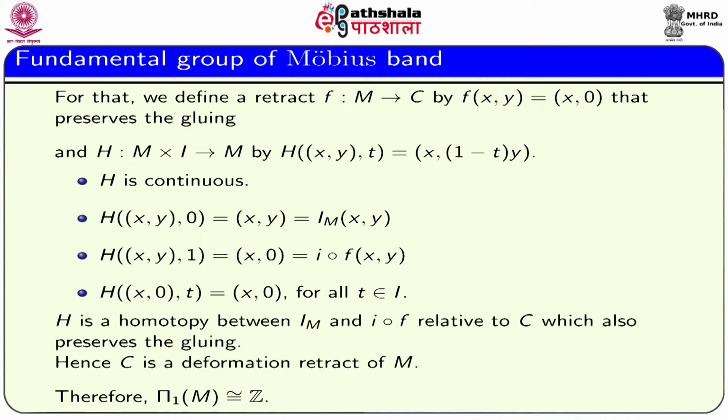That is, C is a deformation retract of capital M. Therefore, pi 1 of M is again isomorphic to Z.